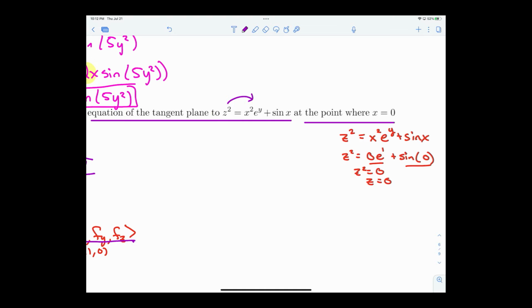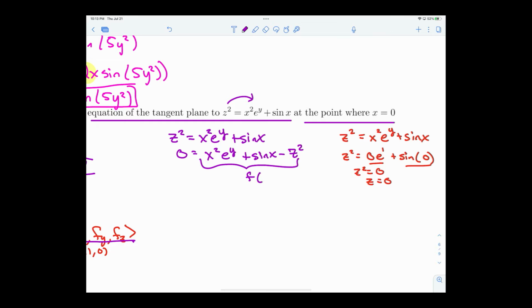We have z squared equals x squared e to the y plus sine x. We can move everything to the left or everything to the right. It doesn't matter. I'll move the z squared over to the right because that's the easiest: x squared e to the y plus sine x minus z squared. So this is the f of x, y, z.